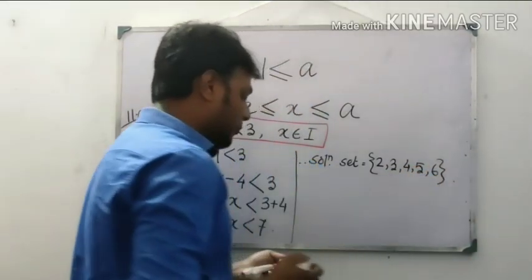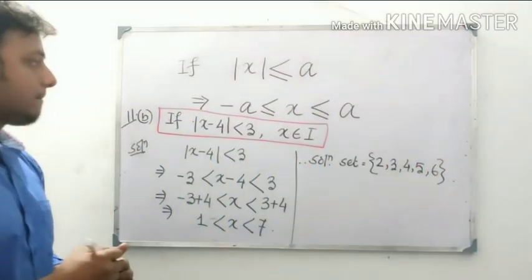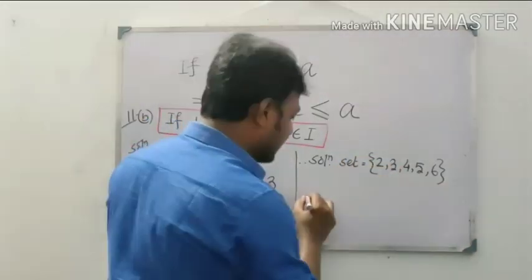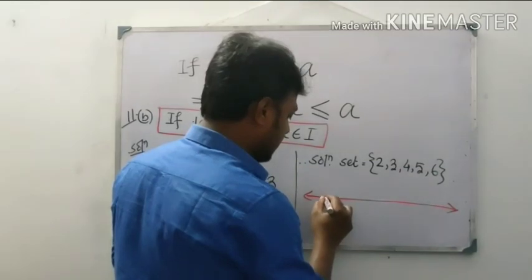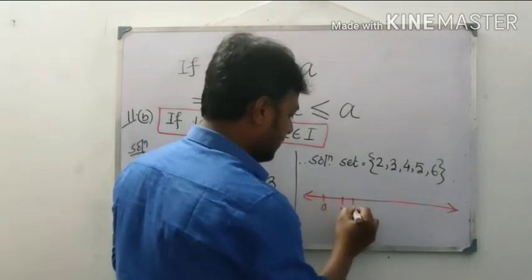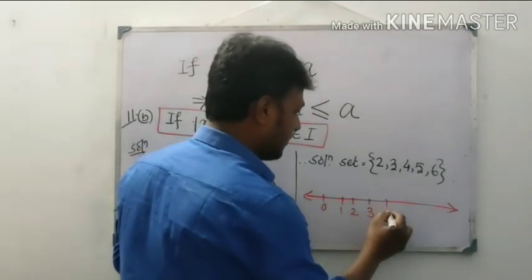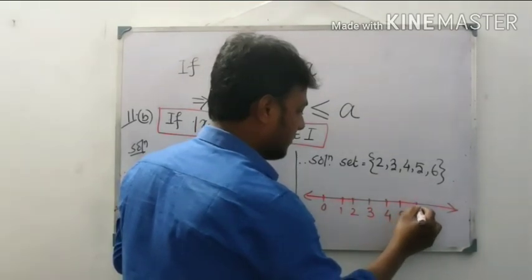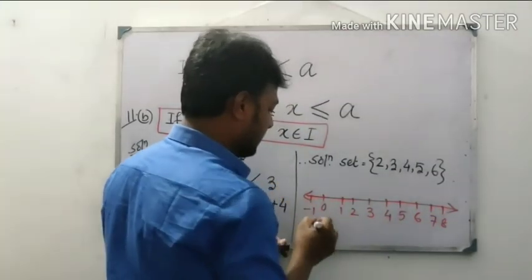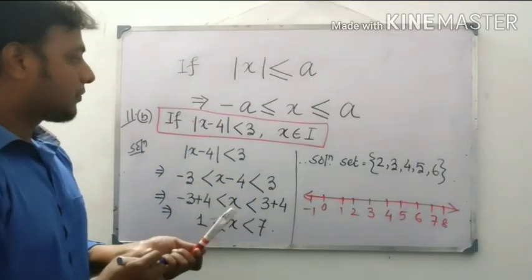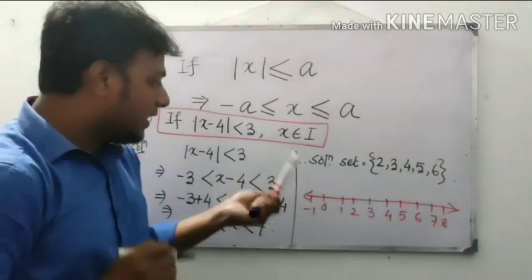Now we have to plot this on the real line. Since this is a discrete set, you have to plot it discretely. This is 0, 1, 2, 3, 4, 5, 6, 7, 8 and on this side -1. So we have to mark only the integer numbers.